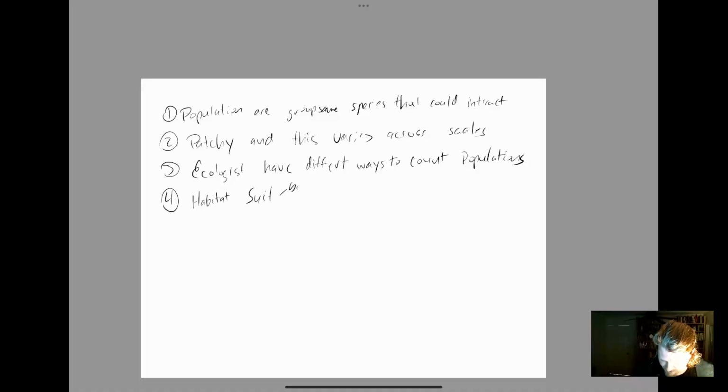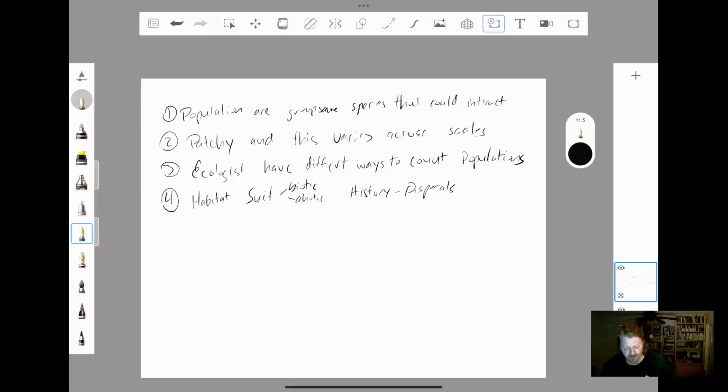And that's biotic and abiotic, as well as history and dispersal, right? And we talked about this in the case of invasive plant species. We talked about this in the case of mangroves at their cutting edge, right?